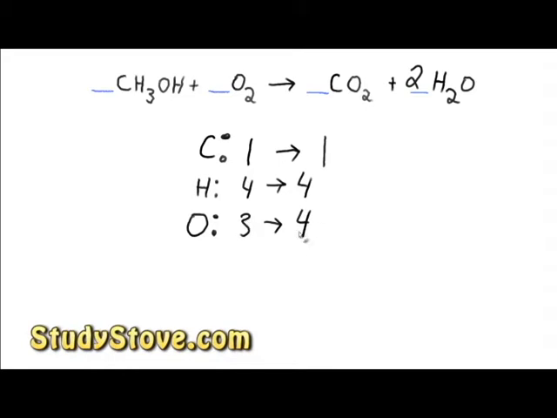So what we want to do is either decrease the number of oxygens on the right by 1, or increase the number of oxygens on the left by 1 so that they're equal.